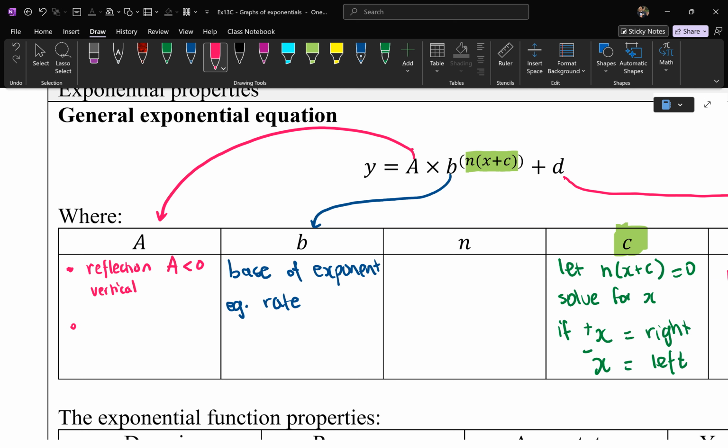But not only that, the reason why A's and N is tricky to understand is because not only is A responsible for a reflection, it is also responsible for a stretch, which we call dilation. I like to say AKA, which is also known as vertical stretch.